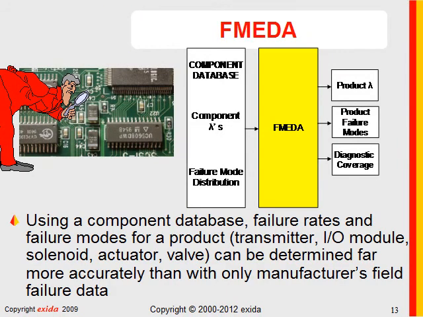Given a component database, you go through a process of looking at a product one component at a time. For example, if this capacitor fails open circuit in this electronic assembly, what is the impact? We will look at that impact, study the electronic design, and in all likelihood it might have no impact, except increased noise levels, which may or may not impact the safety functionality of a product.